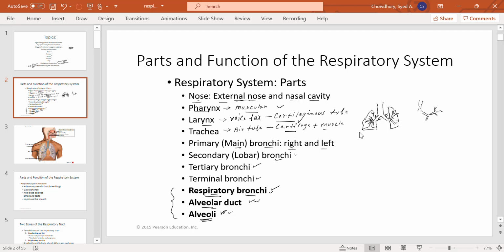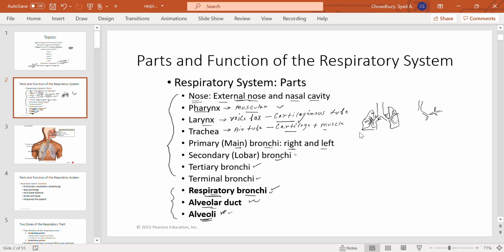So from the nasal cavity to the terminal bronchi, all these structures or parts are to transport the gas, to take the gas towards the lung. Makes sense? But no exchange of gas takes place through the wall of these structures.